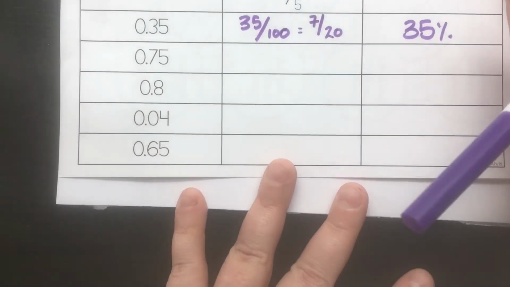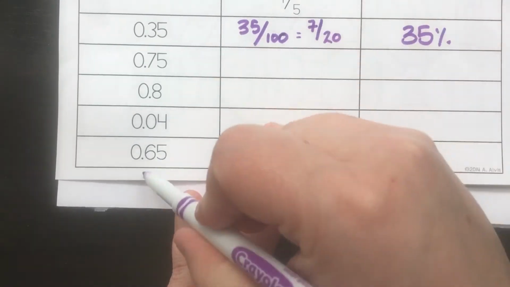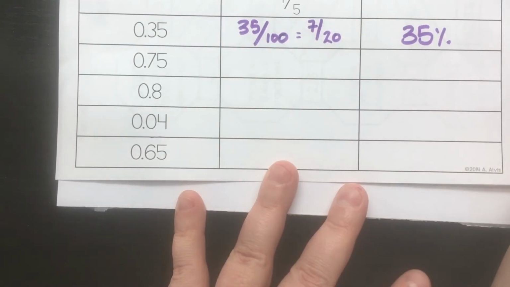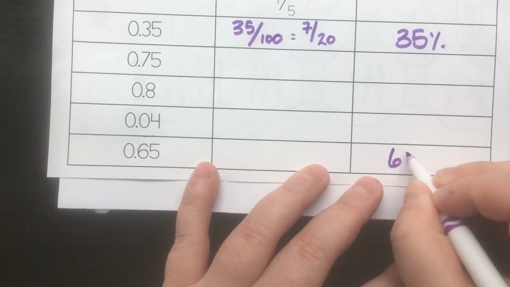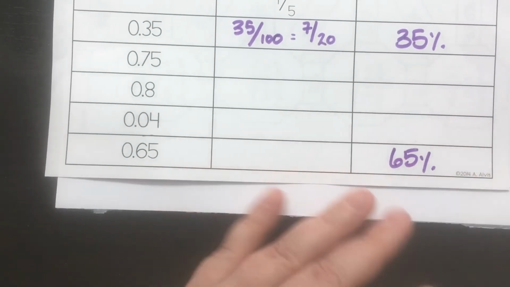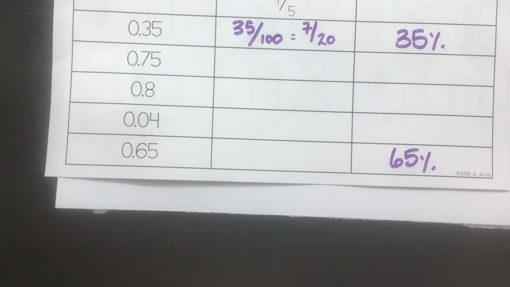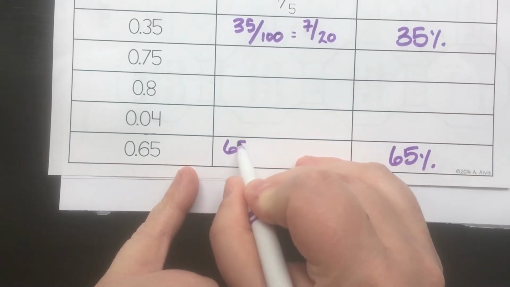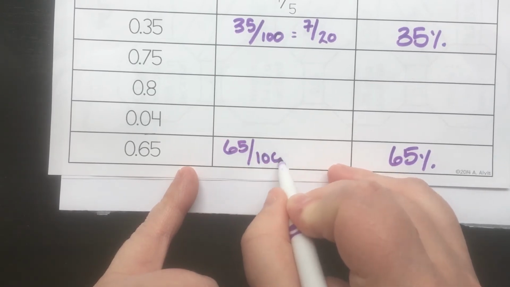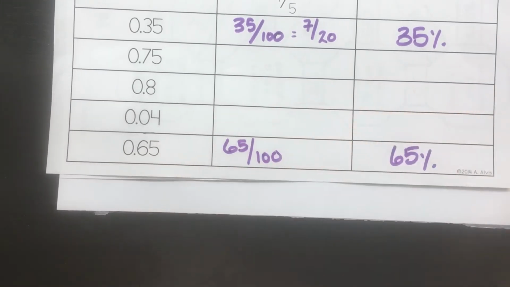Let's just jump down to the bottom one so we finish this section. Remember, it's 65 hundredths. We can multiply by 100 and get 65%. If we write it as a fraction, 65 hundredths, 65 over 100, and then again, just like above, what number can we divide both 65 and 100 by?